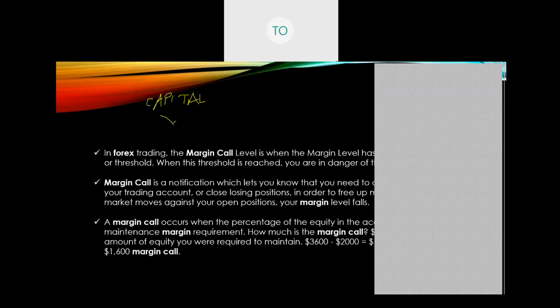If your capital is X, then your margin equals X minus the sum total of the trades you're taking, the value.